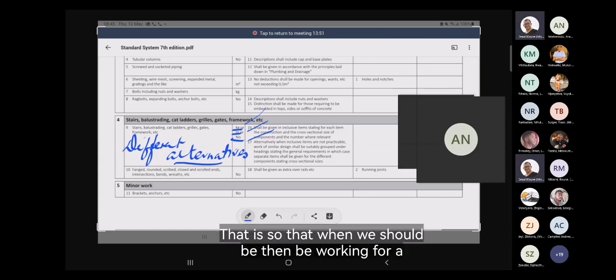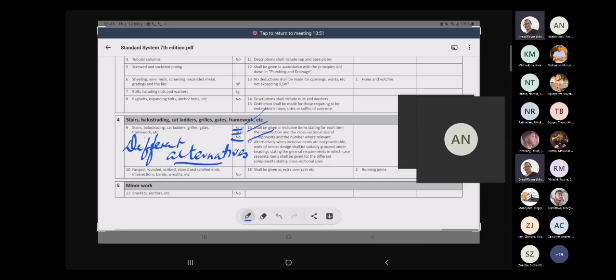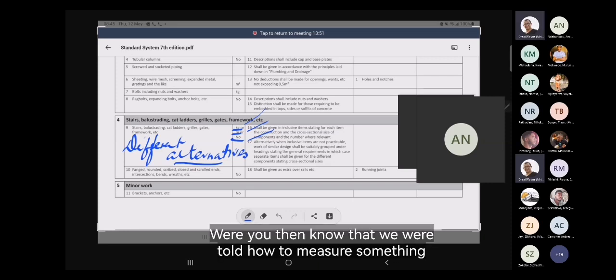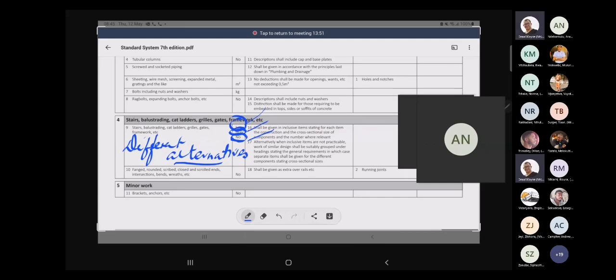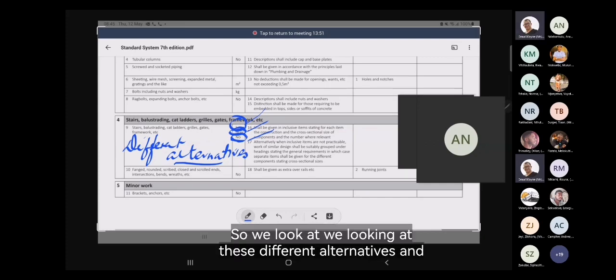That is so that should we be working for a contract and having to price a bill of quantities, we would know how to measure something that reflects in kilograms, or in meters, or in number. So we're looking at these different alternatives.